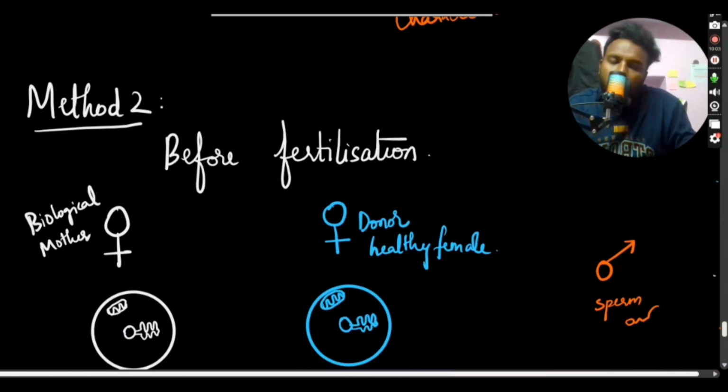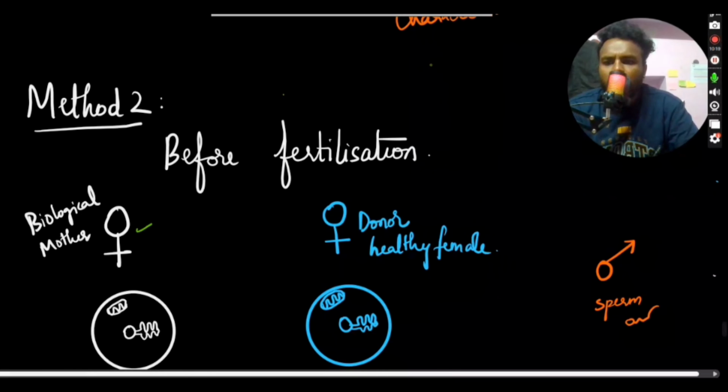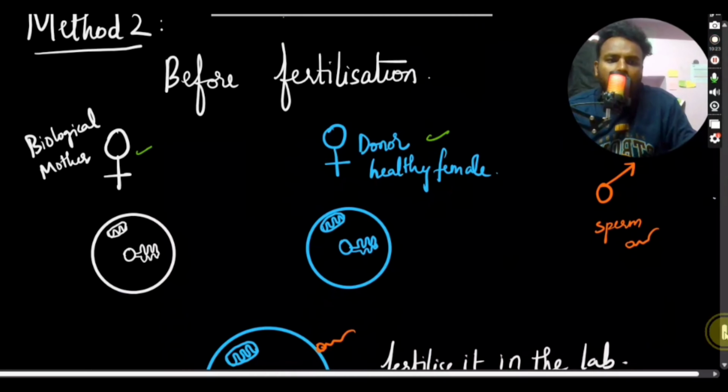Then, can we do it before fertilization? Of course, yes. We can use this technology before fertilization also. So before fertilization, there is a biological mother and we have a healthy female donor, right?